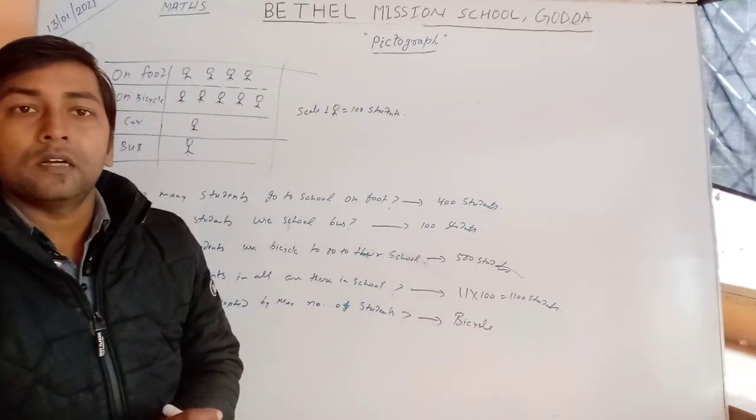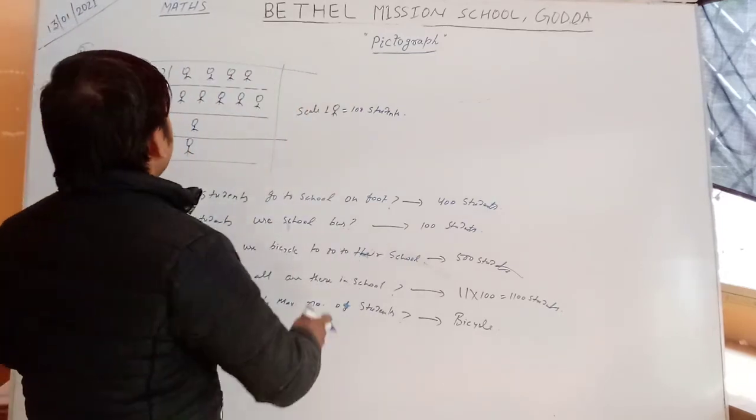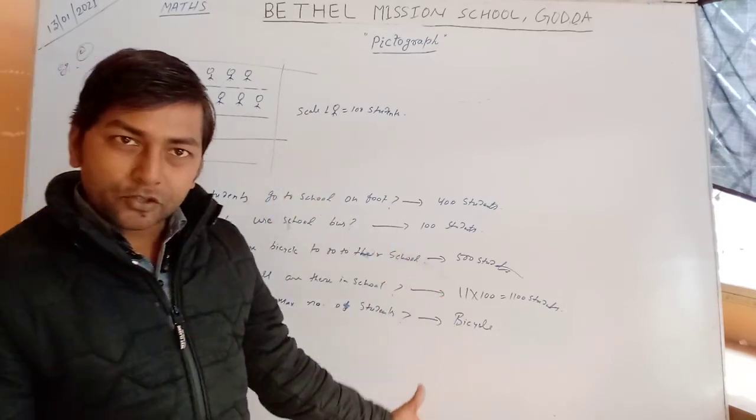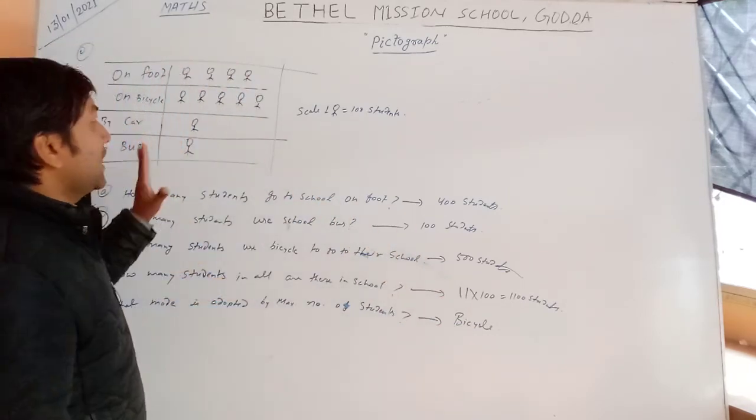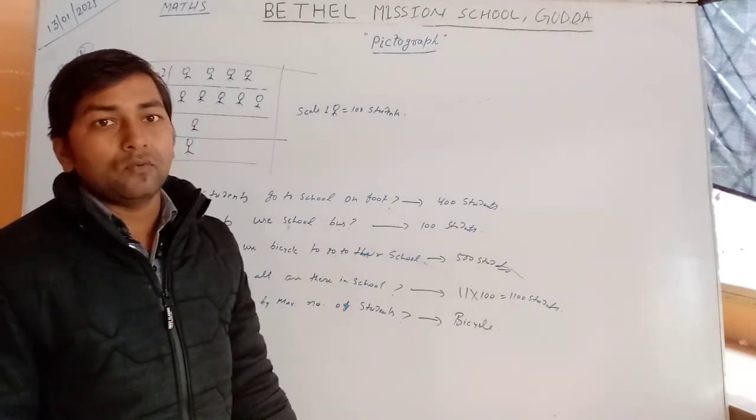I have given 2 types of questions. First, the numerical data has been given and you have to make the pictograph. Second, the pictograph has been given and you have to give the answers only.